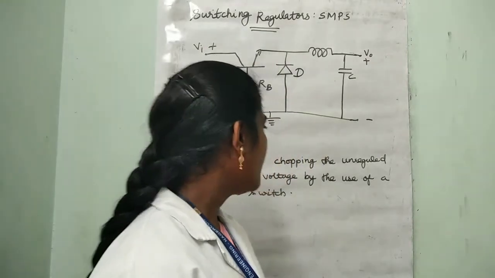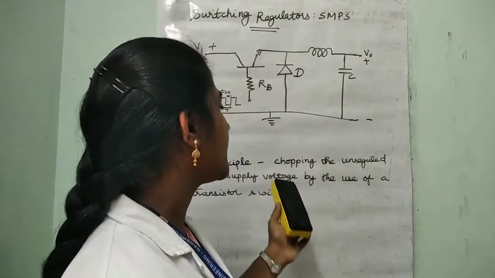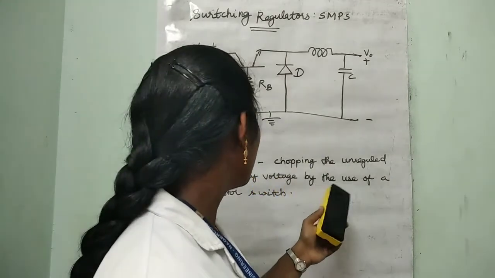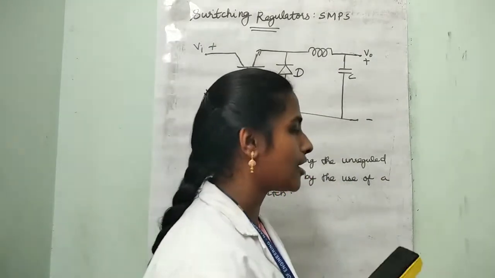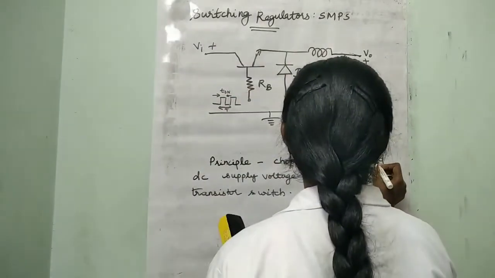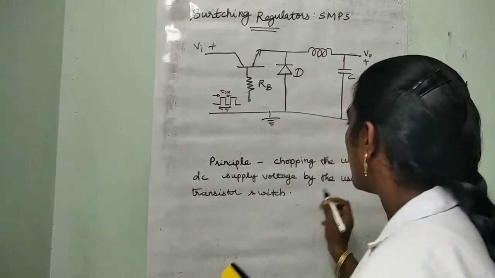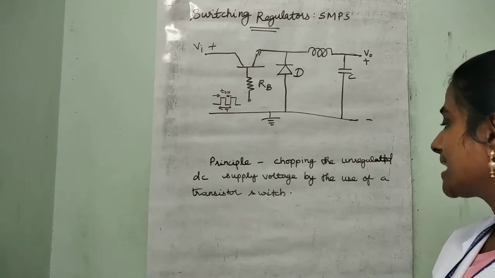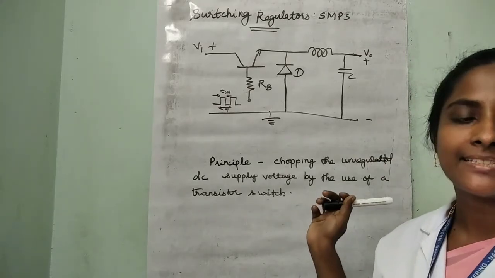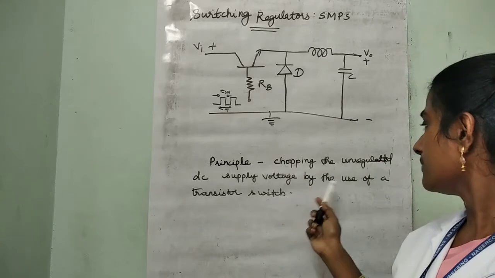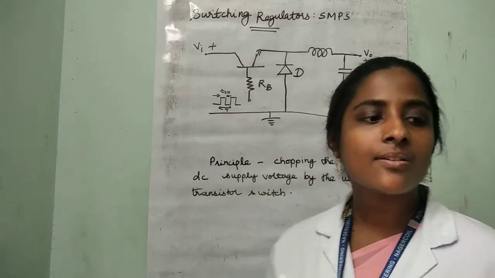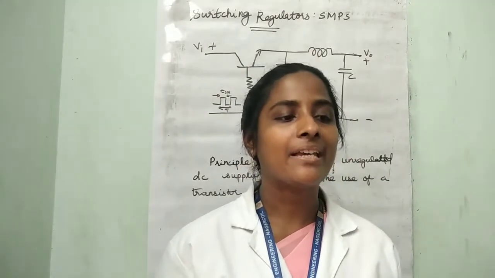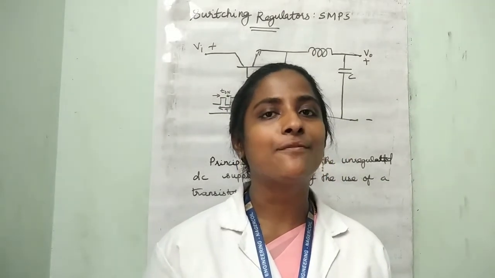Here the principle of switching regulators is chopping the unregulated DC voltage by the use of a transistor switch, and filtering the high frequency components using a high frequency filter.